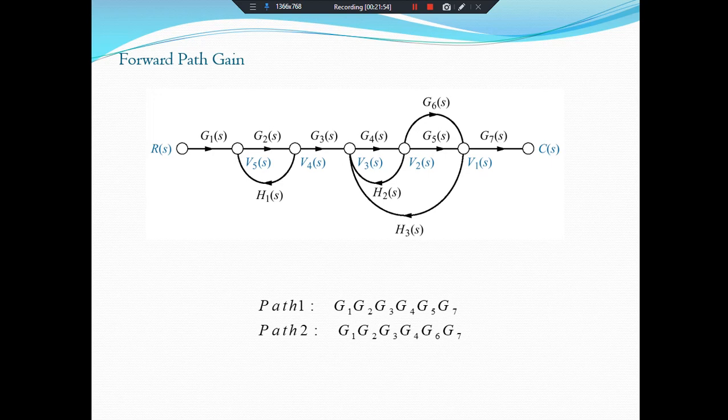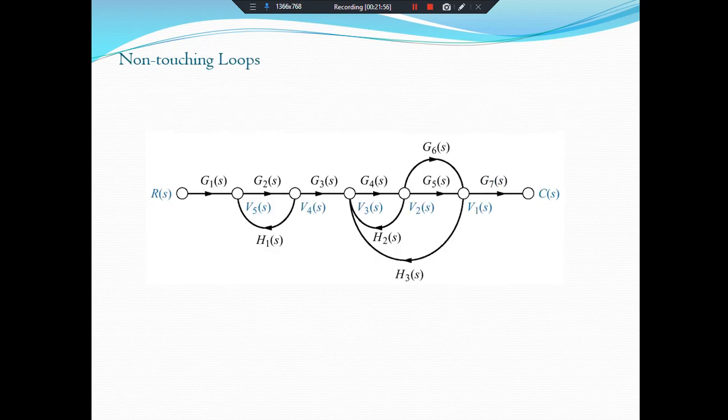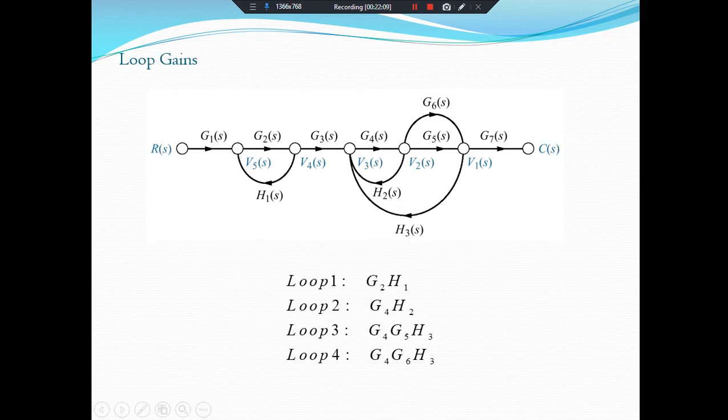Now the next term is the non-touching loop. How can we define a non-touching loop? Non-touching loops are loops that don't have any node in common. As we have seen, there are four loops: loop 1, 2, 3, 4. If loops have any node in common, they are not non-touching loops.